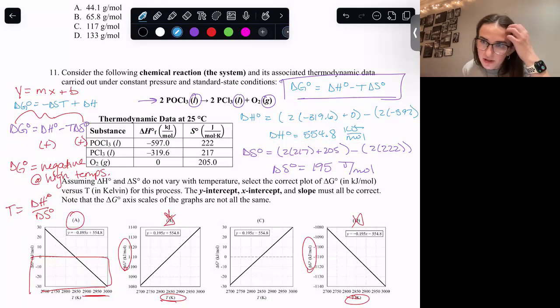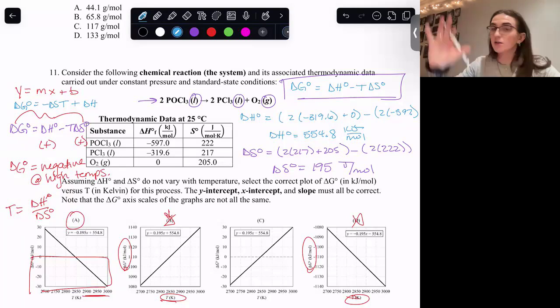Ariana, for your question, how do we know that the equation is delta S and delta H? What equation? For the temperature? So we know that it's for the graph because we can take delta G is equal to delta H minus T delta S and rearrange it into the Y equals MX plus B form.